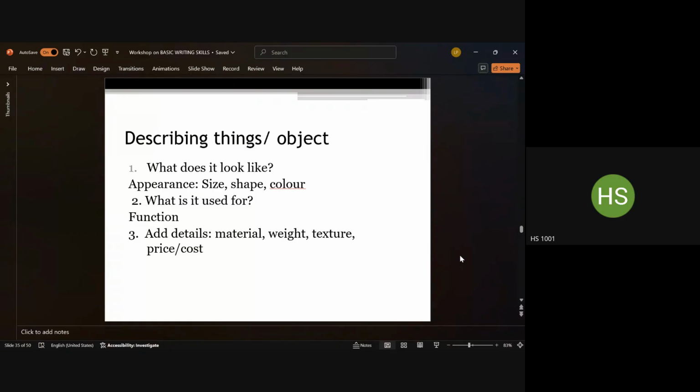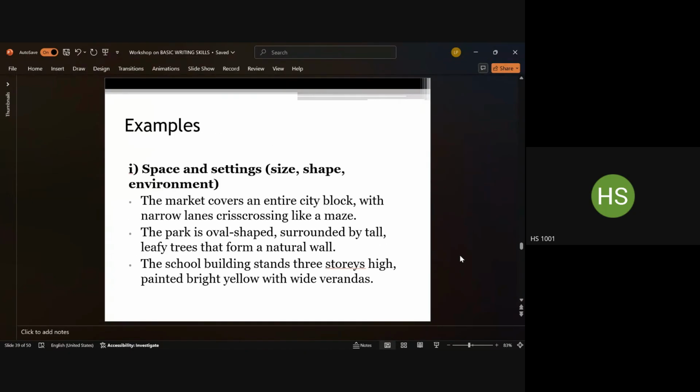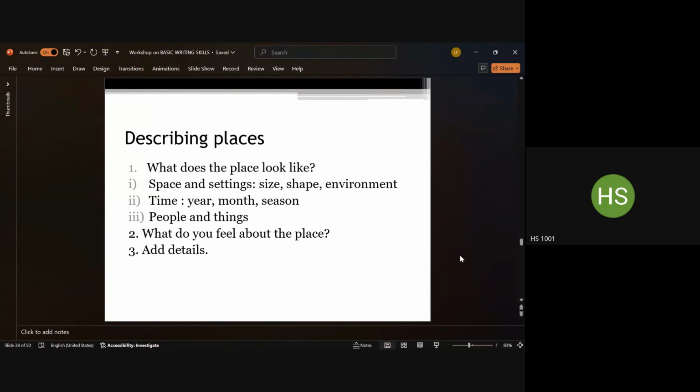So appearance and likes, dislikes, and preferences will remain common for all three. In the case of an object, additionally, you'll write about the function of the object or thing at hand. And additional details can include material, weight, texture, so on and so forth, whatever you wish to add. Okay.